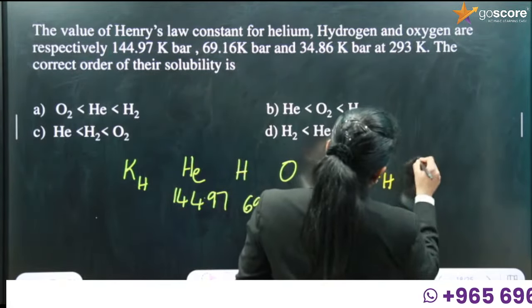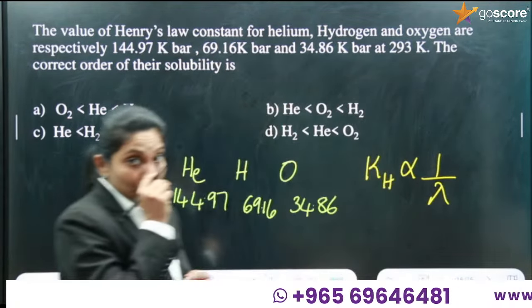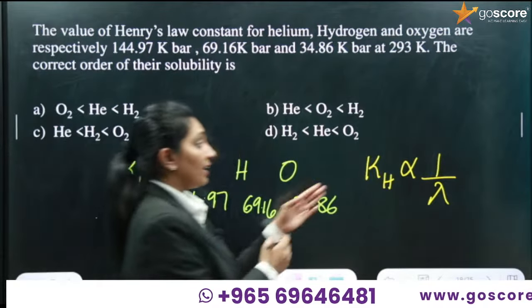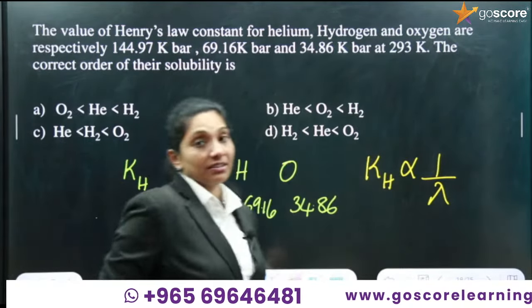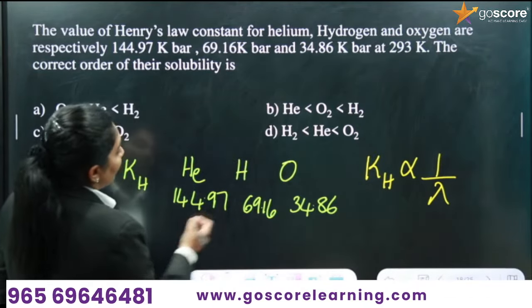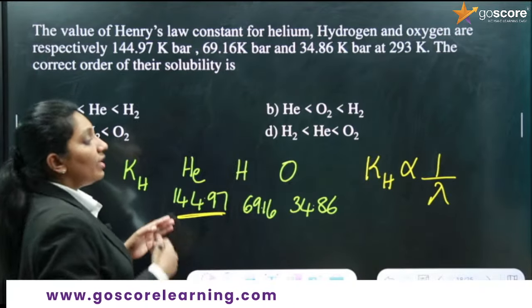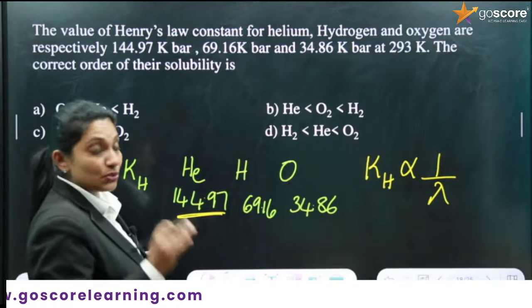as per Henry's law, KH is inversely proportional to the mole fraction or the solubility of the gas. So as the KH value increases, the solubility decreases. Since the KH value for helium is highest here, it will have very low solubility.